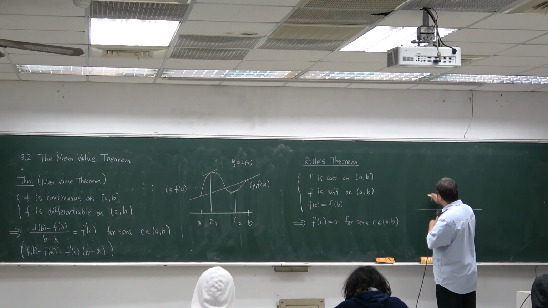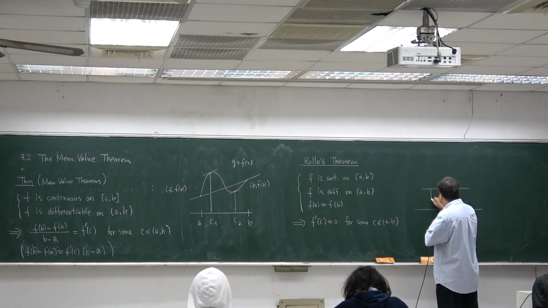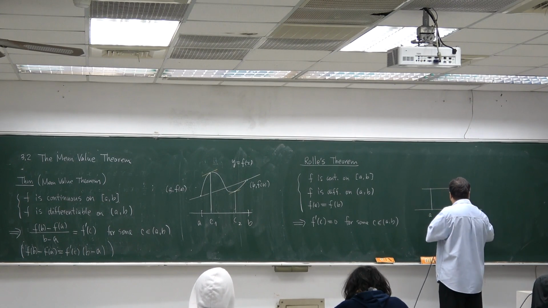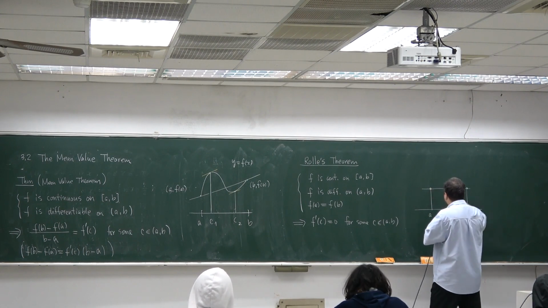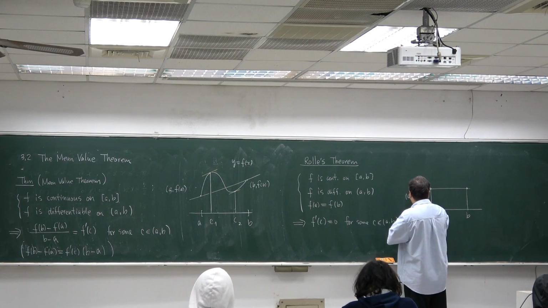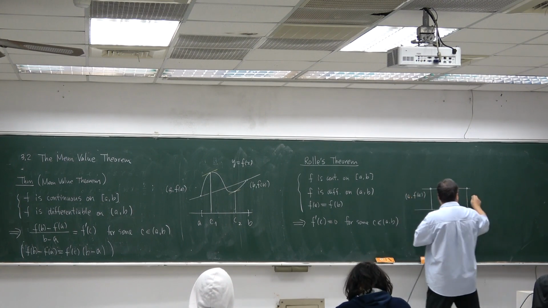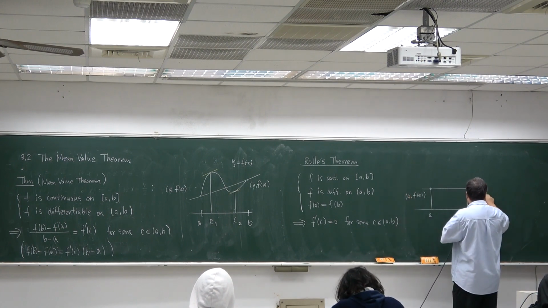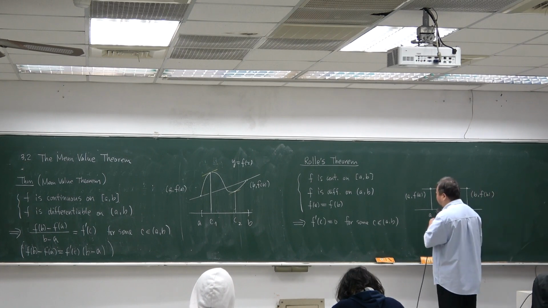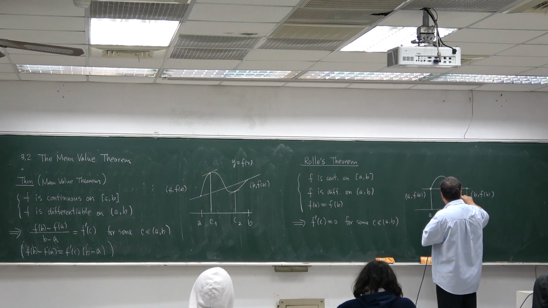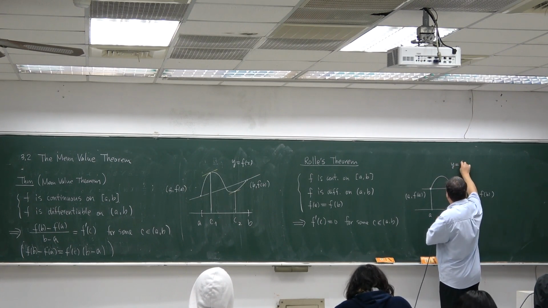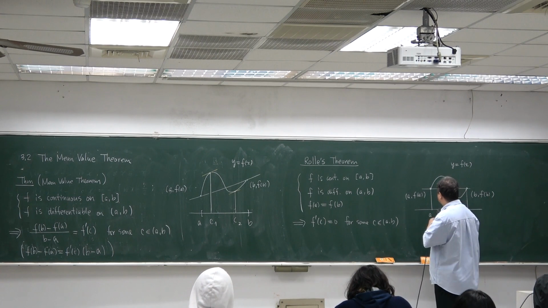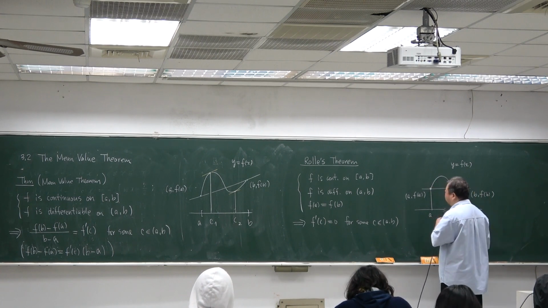Geometrically, A, B, A, f of A, B, f of B. The graph of this function may be continuous on the closed interval AB, and differentiable in the open interval AB.